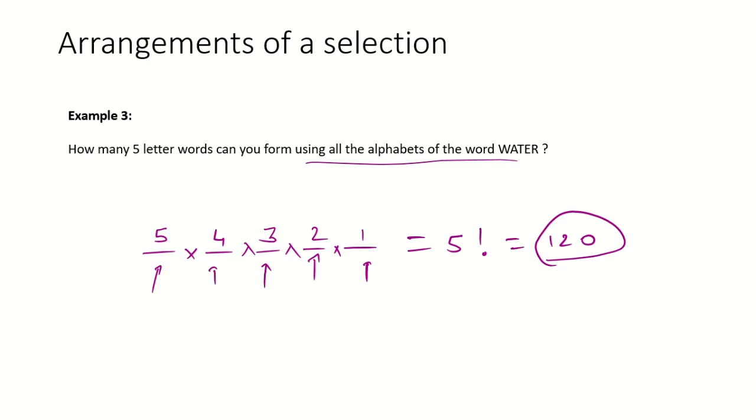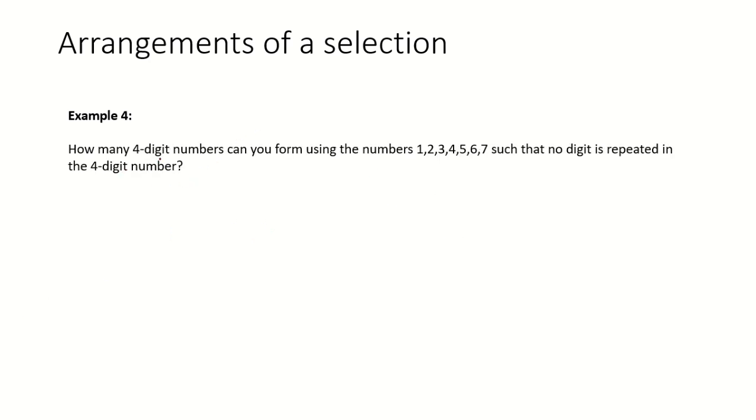Take another example. So how many 4-digit numbers can you form using the numbers 1, 2, 3, 4, 5, 6, 7, such that no digit is repeated in the 4-digit number? So again, step 1 is find the number of places that we need to fill up. So we need to form 4-digit numbers, so there are 4 places that we need to fill up. Now, what is the sample size for the first place?